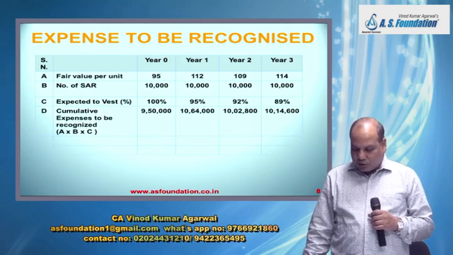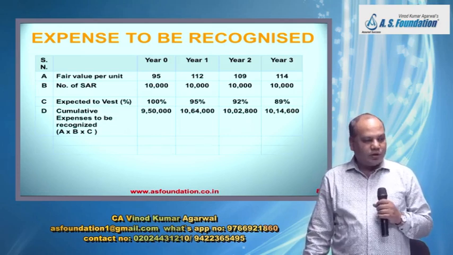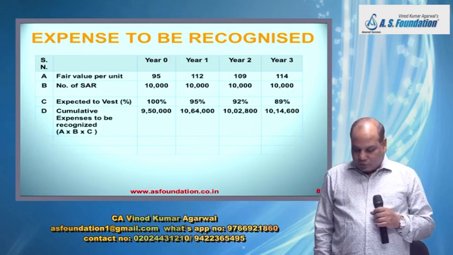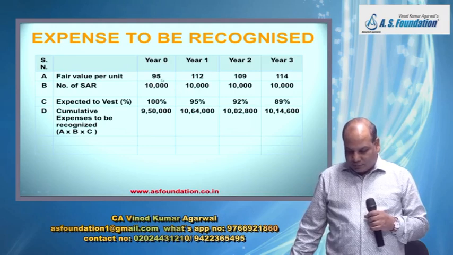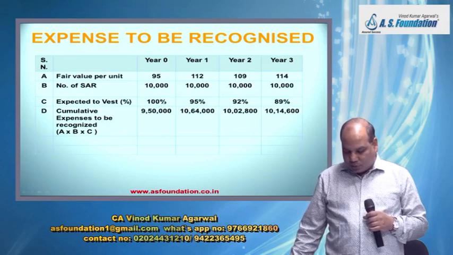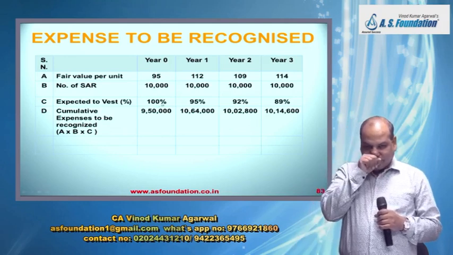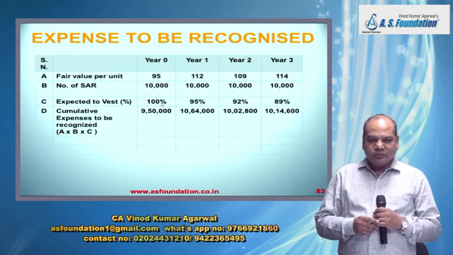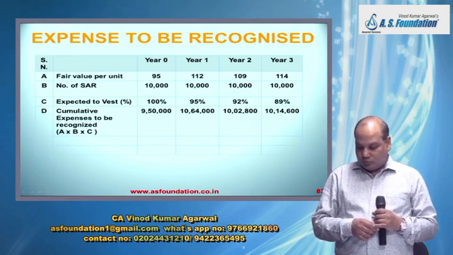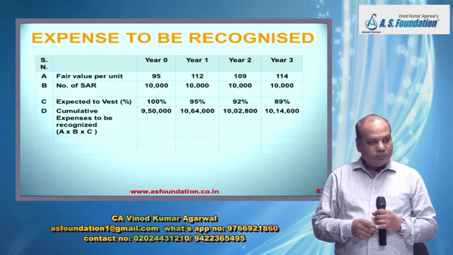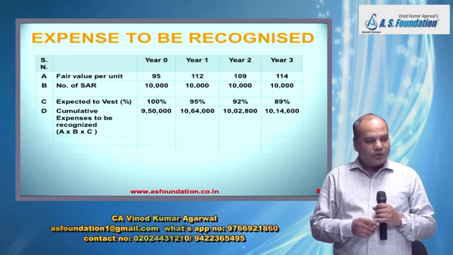So now we will calculate cumulative expense to be recognized. Cumulative expense to be recognized will be product of the first three numbers. Fair value per unit into 10,000 into expected percentage. Is it 9,50,000? 10,64,000? 10,02,800? 10,14,600?